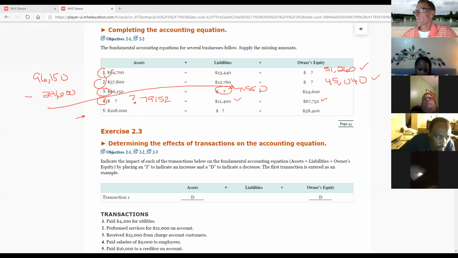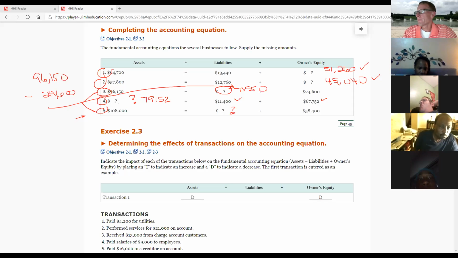So if you go back on number 5 and look at number 3 and number 5, you'll notice the unknown was your liabilities. And so of course, to get that liability, you do exactly what I just did in number 3, is you have to subtract. So, okay, question, yes.